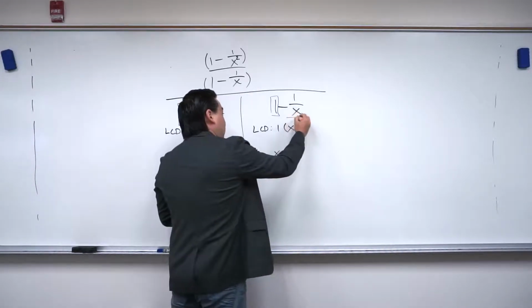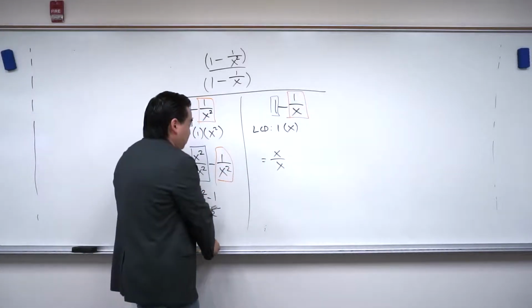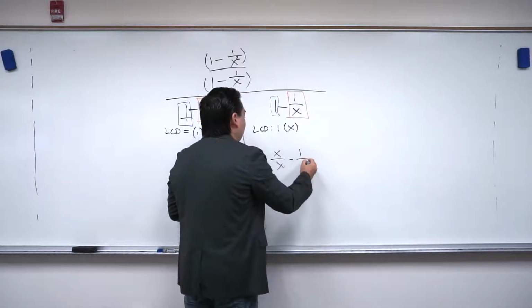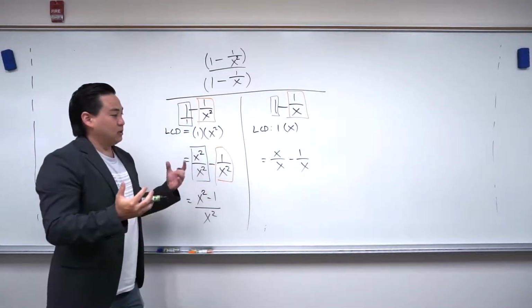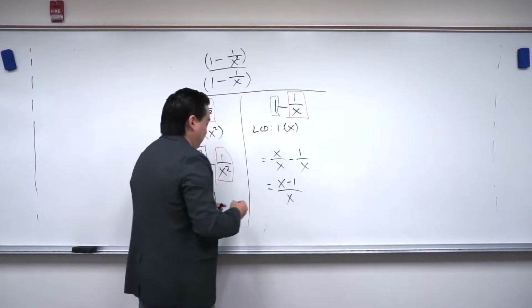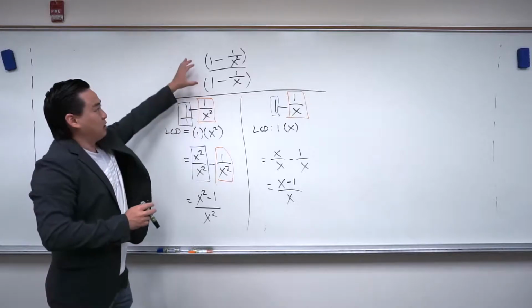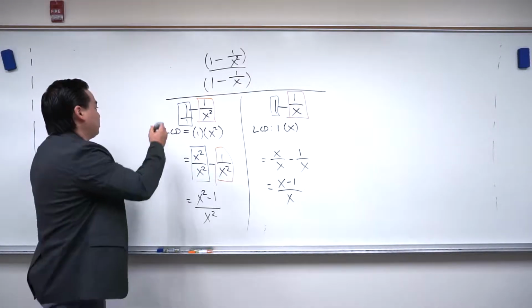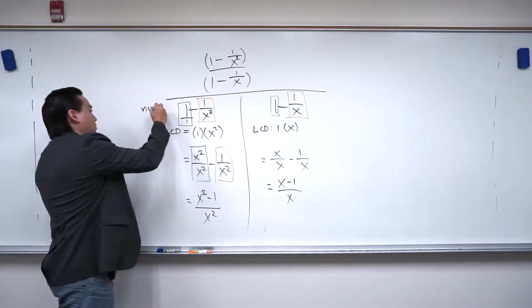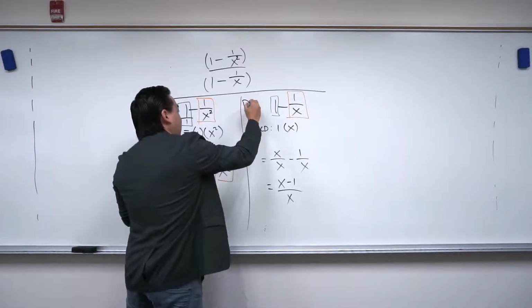And the second one is missing nothing, so we can just leave it the way that it is. So again, subtract the top, keep the bottom. So what we did right now is we found the top, the numerator, which is over here. And then this is the denominator.